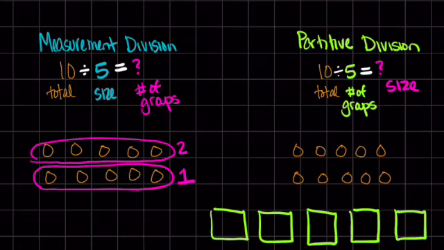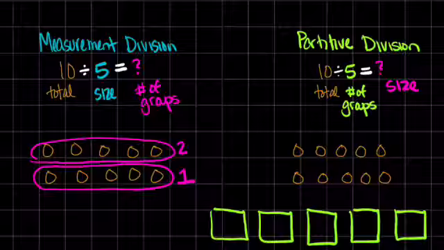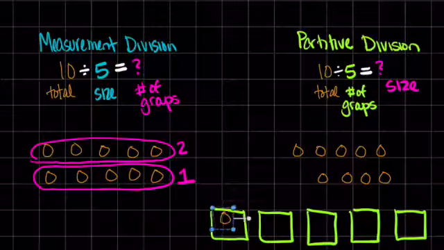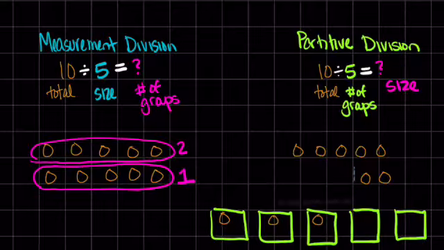And now I'm just going to divvy out my objects into my 5 groups and see how many I can fit into a group, because I don't know the size of the group. I only know the number of groups. So you get an object, you get an object, you get an object, and you get an object. Okay, I can do that one time. Let's see if I can do it again.